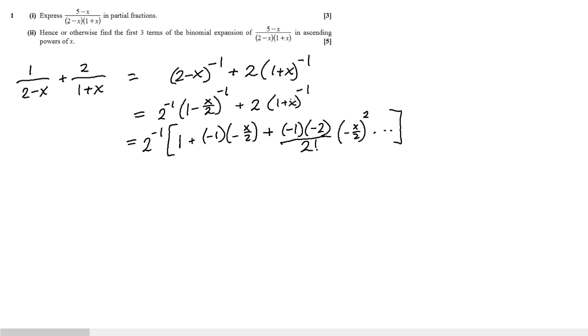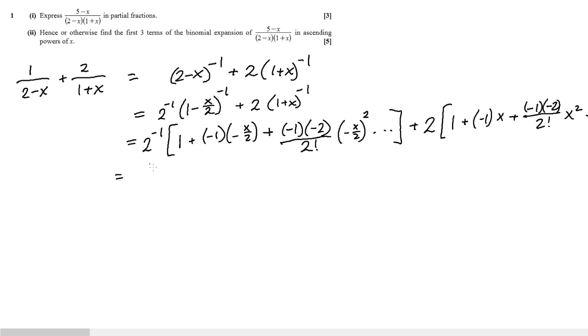Same thing for the second bracket. You get 1 plus n lots of the unknown, add n times (n minus 1) over 2 factorial of the unknown squared. Again, it goes on, and it doesn't matter.